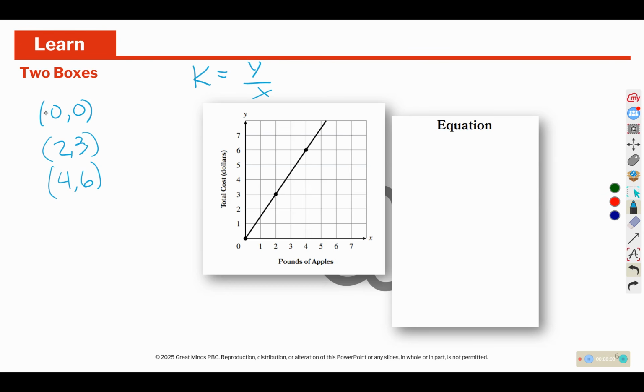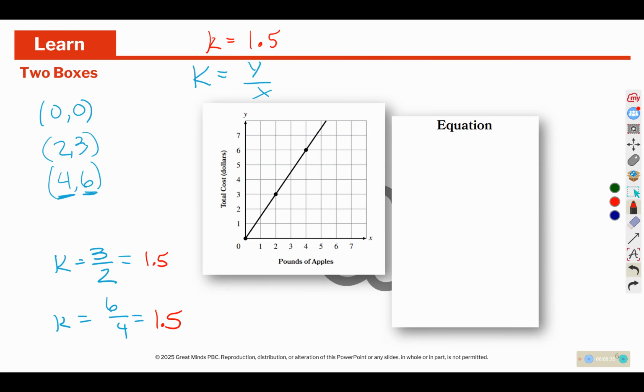So here, 0 divided by 0 isn't going to work, so we're going to use different points. We can use 3 divided by 2, and then the y value divided by the x value in the second point is 6 divided by 4. If we evaluate those, 3 divided by 2 is 1.5. 6 divided by 4 is also 1.5. So k, our constant of proportionality, is equal to 1.5.